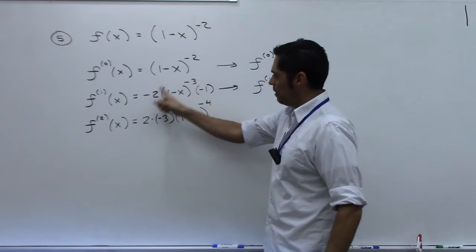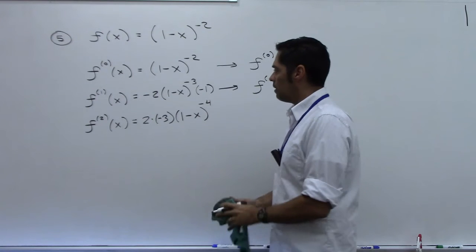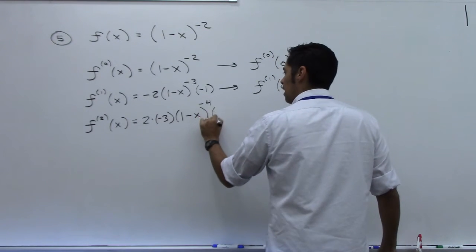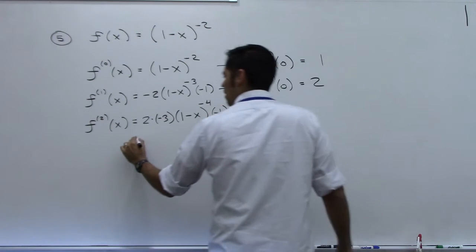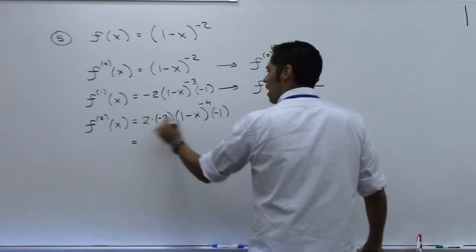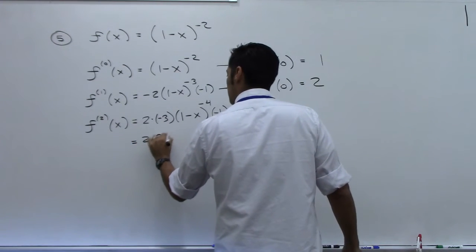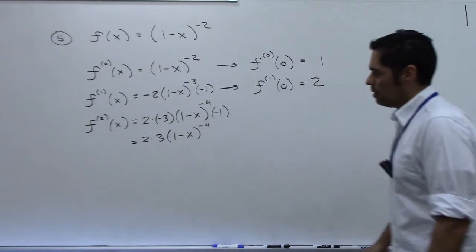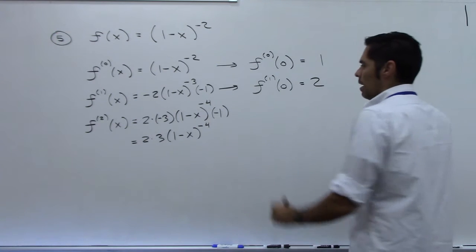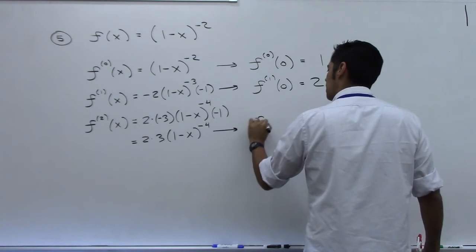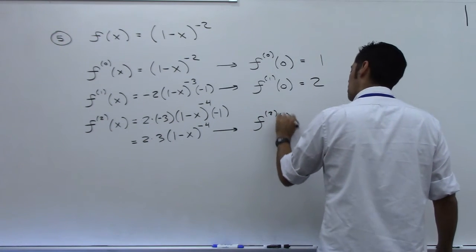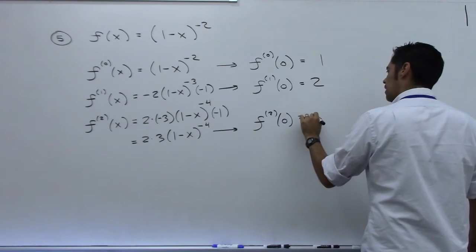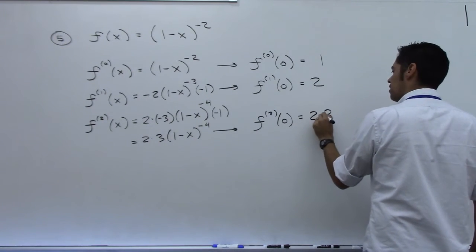And then I have the derivative of the inside, which again is negative 1. So on this one, I'll clean it up. This is going to be a positive 2 times 3, (1 minus x) to the negative 4. Now if I take the second derivative at 0, I plug in 0, I get 1 here, and 2 times 3 is 6. But I'm just going to put 2 times 3. You'll see why.